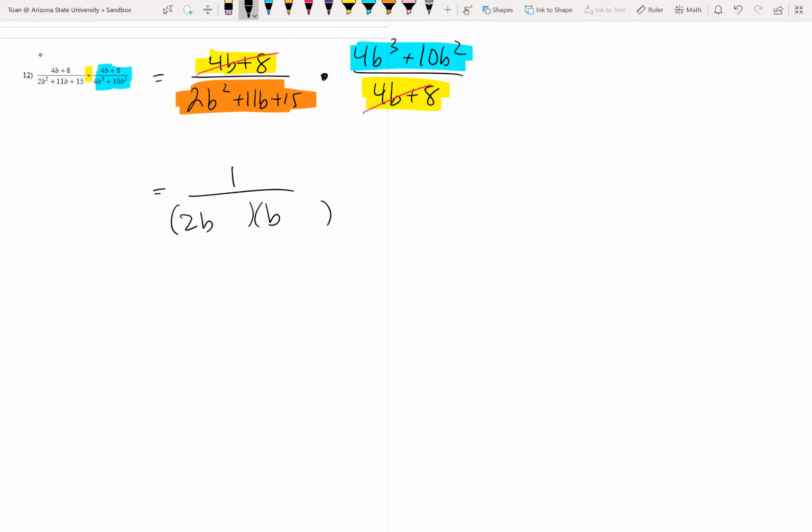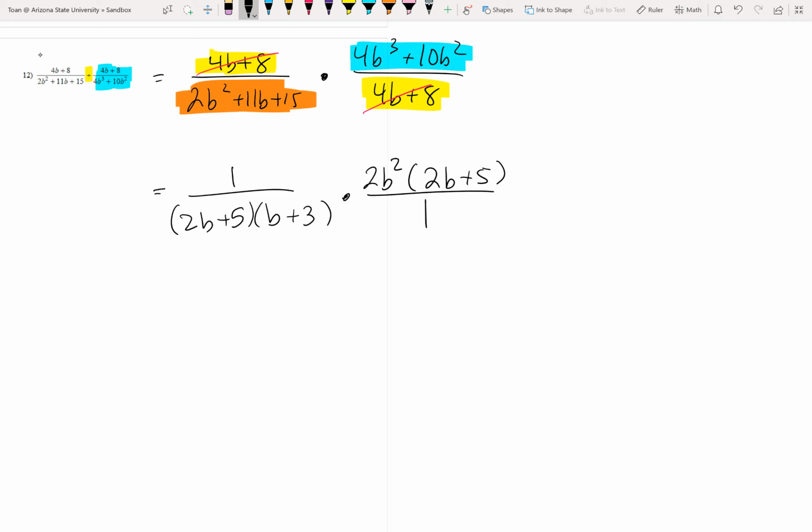What is this going to be? 5 and 3. So that's 6 and 5. So plus 3 here, plus 5 there. That would work. And then the light bluish, since it's a binomial, the only thing you do is GCF. So you can factor out a 2b squared, leaving behind a 2b plus 5.